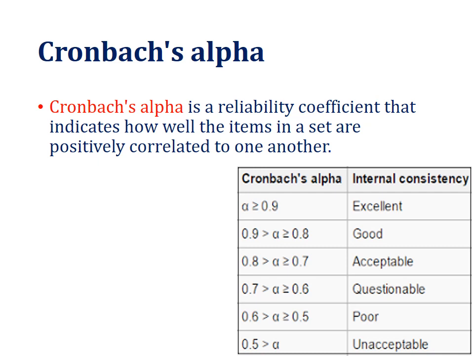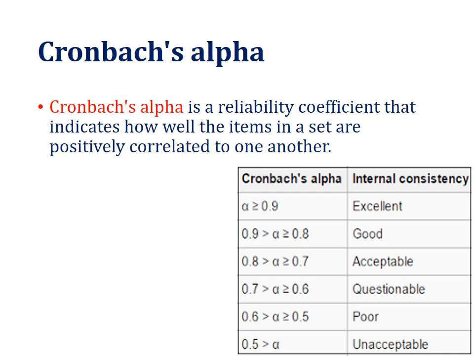Now, what is Cronbach's alpha, and why is the amount of Cronbach's alpha important for researchers? Cronbach's alpha is the reliability coefficient that indicates how well the items in a set are positively correlated to one another. The Cronbach's alpha number is very important when you are testing it in SPSS.